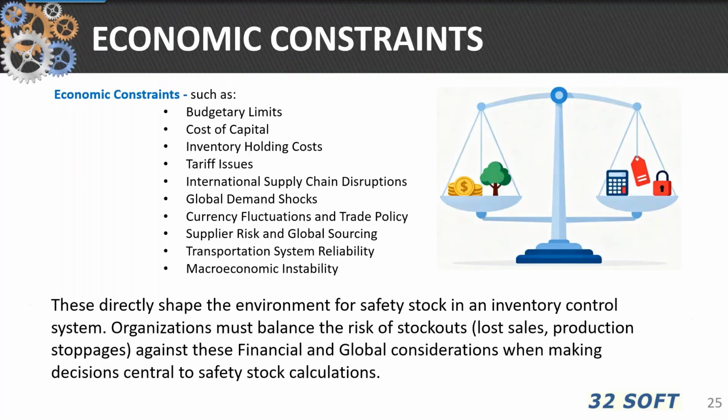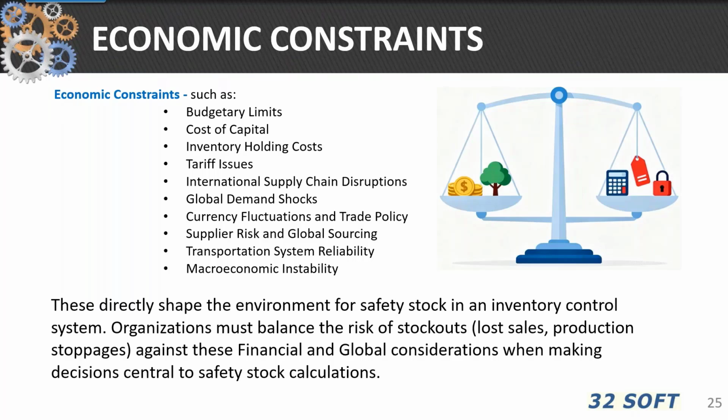There are also several local and global economic conditions which can contribute to the calculation of requirements for safety stocks in manufacturing environments, such as budgetary limitations, cost of capital, inventory carrying cost, tariffs, which we've seen a lot of lately, international supply disruptions, if we all remember the Suez Canal fiasco, global demand shocks, current fluctuations in trade policy, supplier risks, transportation system reliability, and macroeconomic instability.